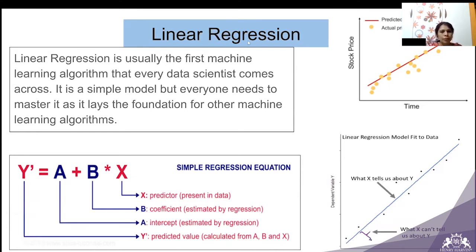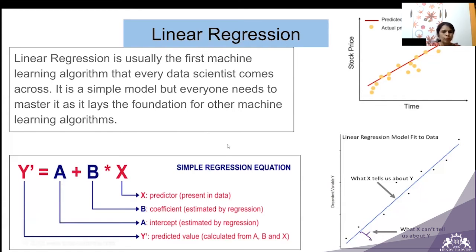I hope I told you about independent and dependent variables. There could be only one dependent variable and multiple independent variables. So b is the coefficient of x, and a is the intercept.